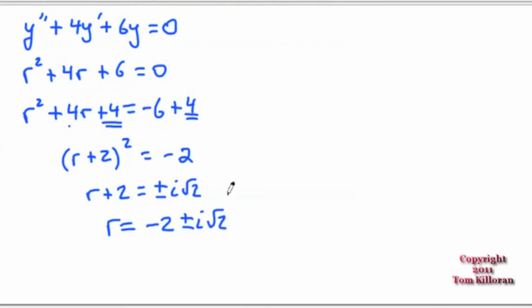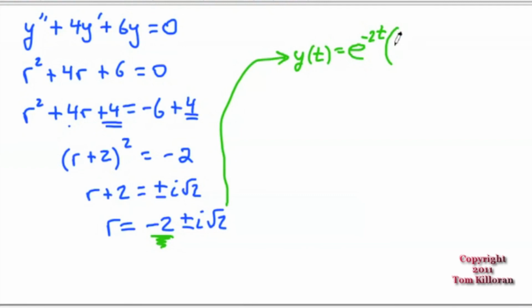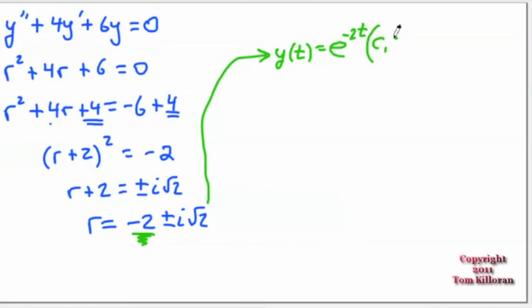So when we write this as a solution, change colors here, we're going to get y of t is equal to e to the real part of it. So in this case, e to the negative 2t, and then times the quantity, c1 cosine of, and then the square root of 2 becomes the other part.